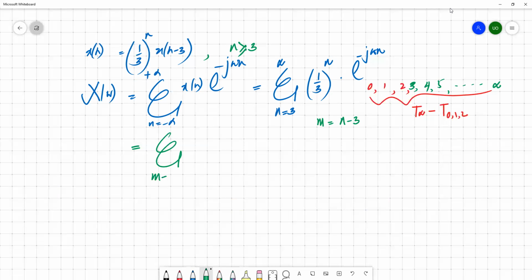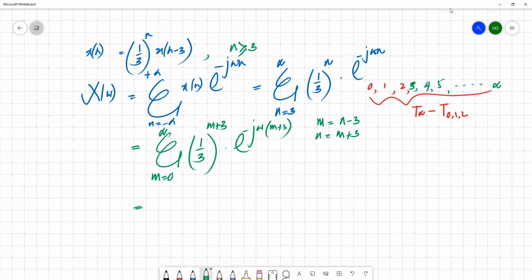So m equals 0, and if n goes to infinity, infinity minus 3, m goes to infinity. You can simply replace n with m plus 3, so (1/3)^(m+3) e^(-jω(m+3)).